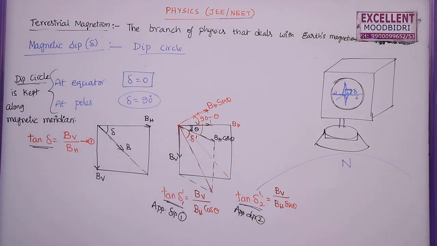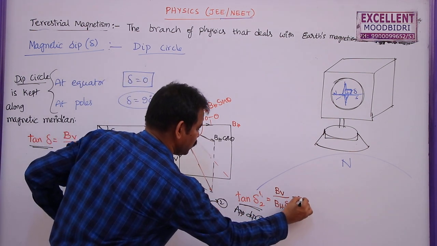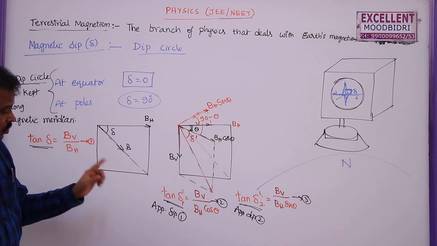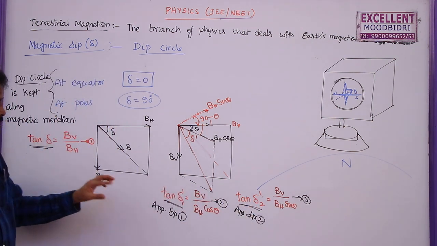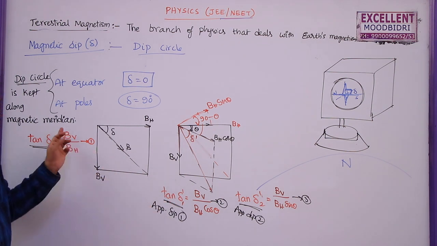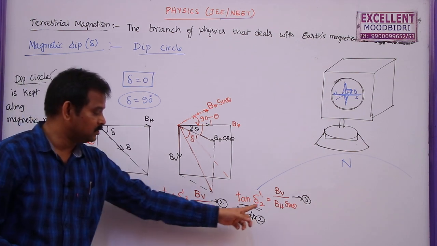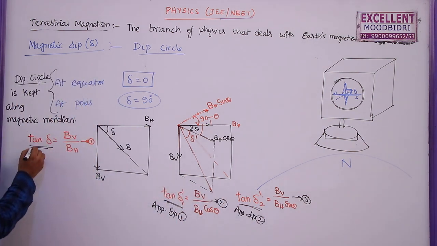So from these three definitions, these equations, equation 1, equation 2, equation 3, we can find the relation between these. You can see BH cos theta, BH sin theta and BH here. So there is a relation between them: the numerators are same, the denominators have a relation, BH sin theta square plus BH cos theta square is equal to BH square. So I am going to write this as reverse of this equation.